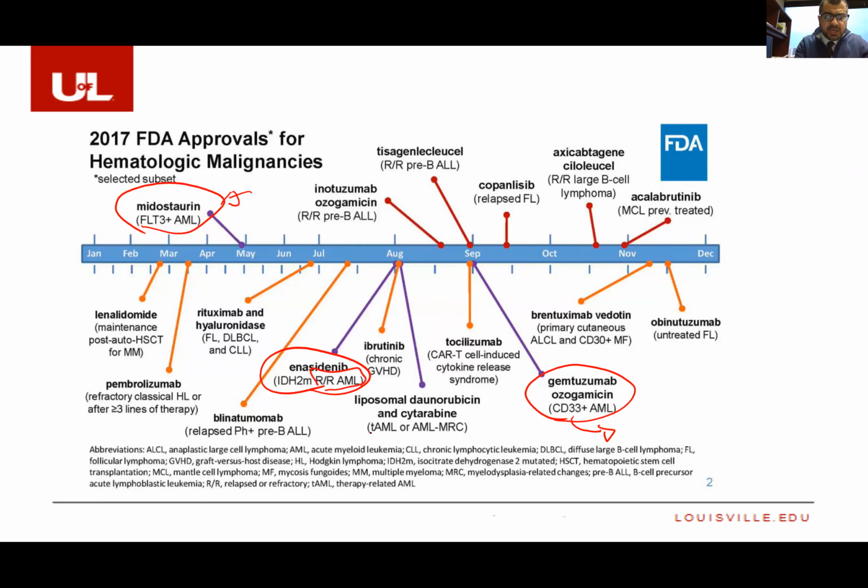And last but not least, CPX-351 or liposomal daunorubicin cytarabine was approved for therapy-related AML as well as AML with myelodysplastic features or antecedent MPN. So, wonderful year, lots of drugs added, and actually that plays a big role now in the way we treat it.